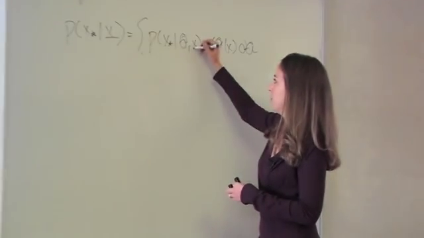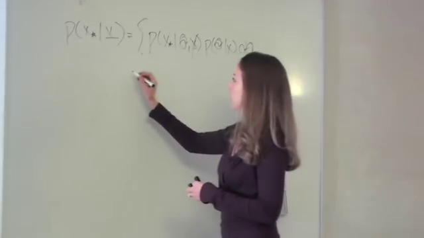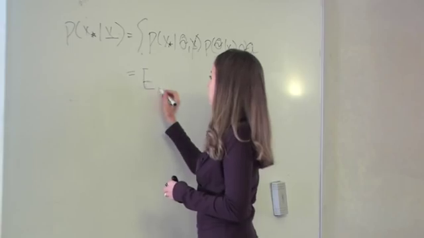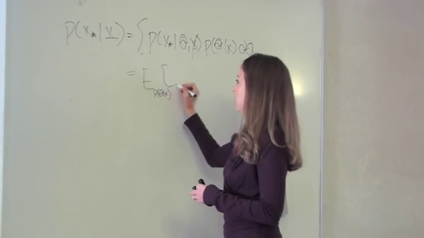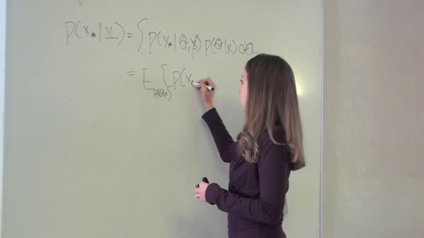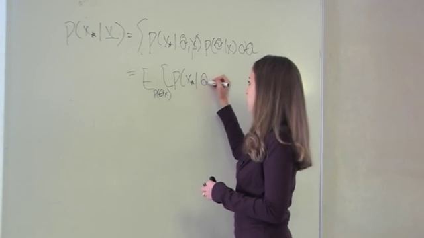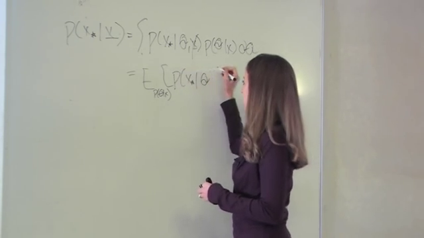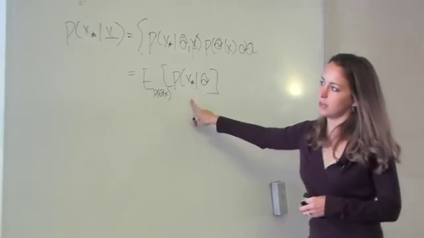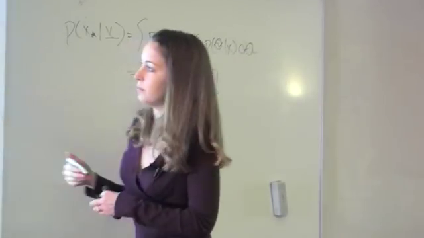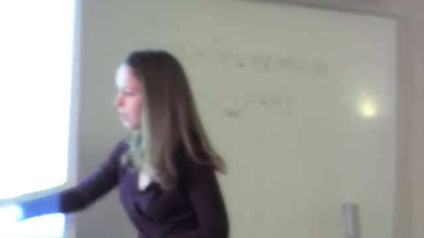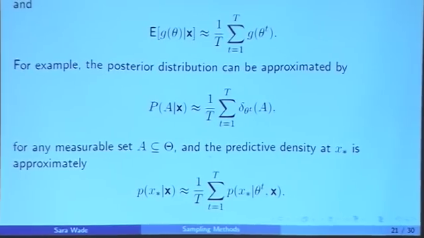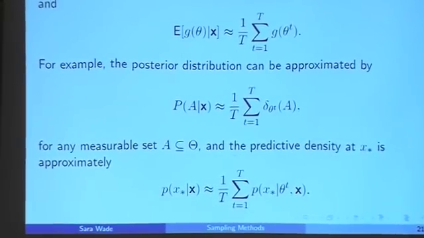This often doesn't depend on x here. So this we can just write as the expected value with respect to the posterior on theta of our likelihood. So this thing we can estimate here. So we could just get an estimate of our predictive distribution based on our MCMC samples.